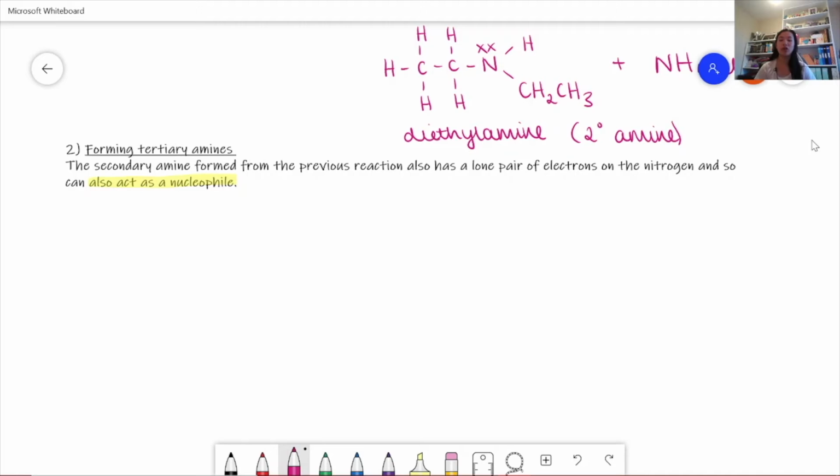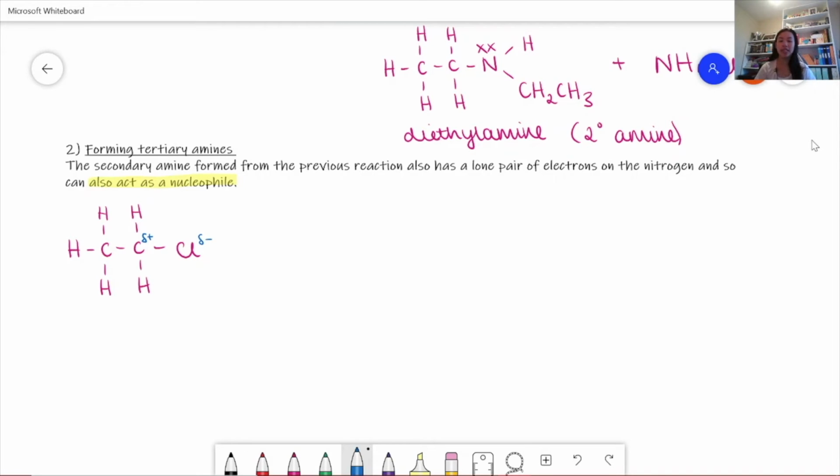So again, we have chloroethane. So we have CH3, CH2, and then Cl. And remember, we always have to have the partial charges in: the partial positive and the partial negative due to the electronegativity difference between carbon and chlorine.